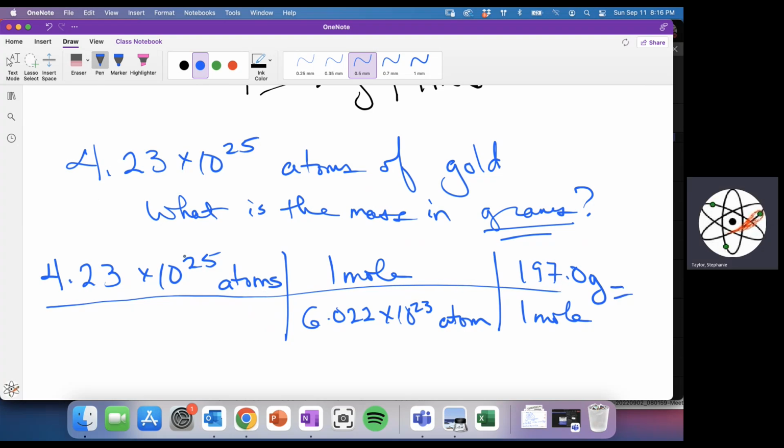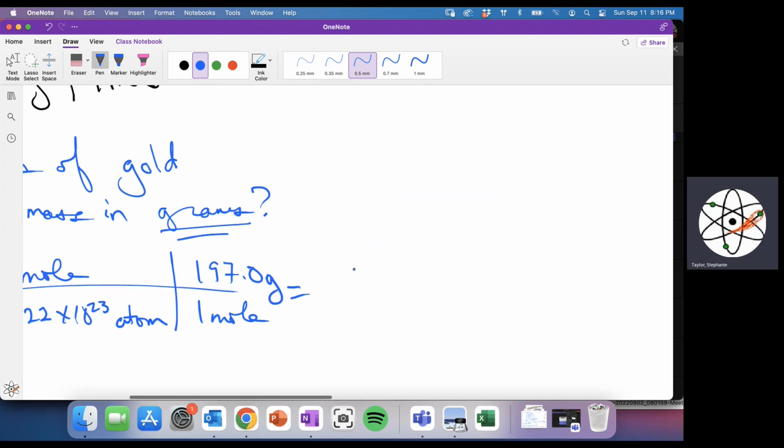Our grams, therefore, should not have times 10 to the 25th or times 10 to the 24th. This should get smaller overall. Should not have times 10 to the 40th grams, because that's a lot. 7.8 grams.